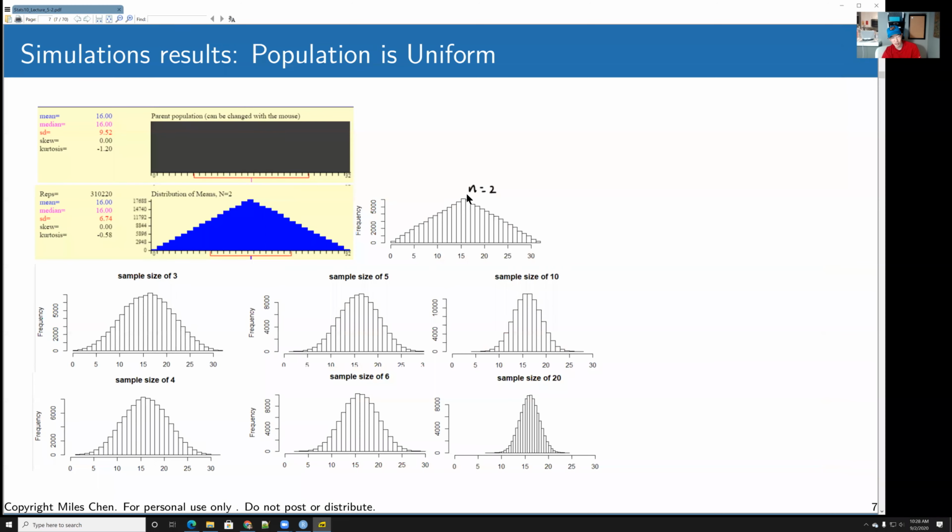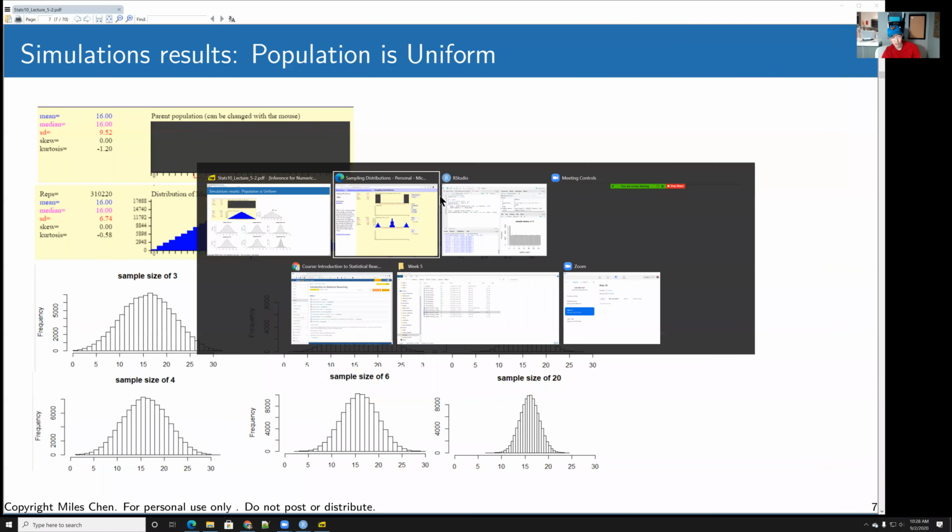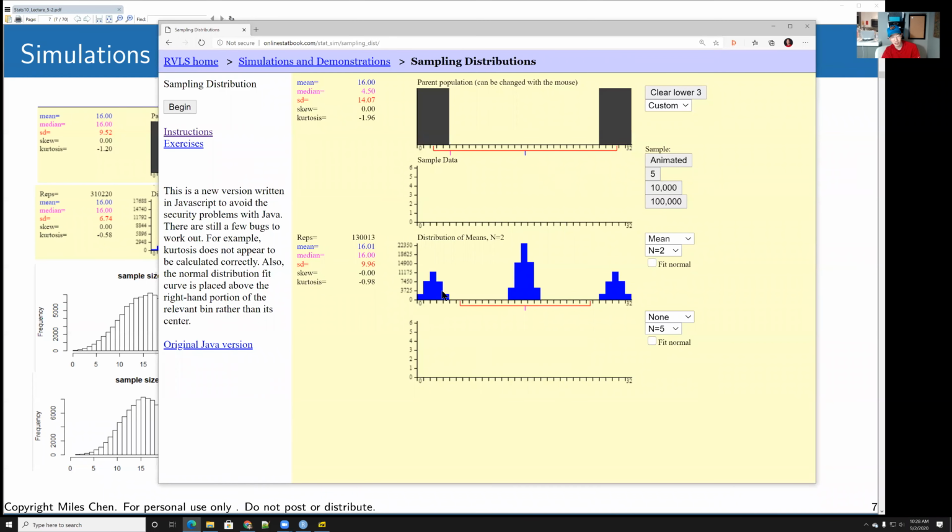We got a triangular distribution with n equal to 2. And we're basically getting a triangular distribution when both values come from the lower side. And same thing over here. We're getting the triangular distribution from a uniform distribution where you select 2 and both values come from the upper side, okay?